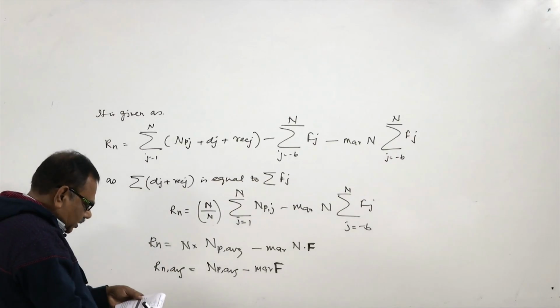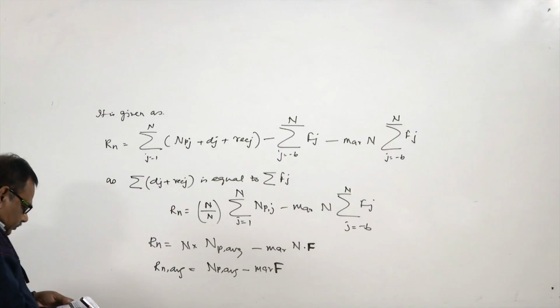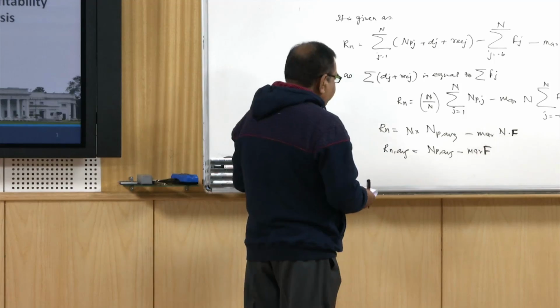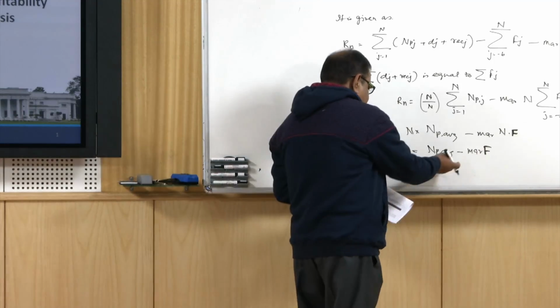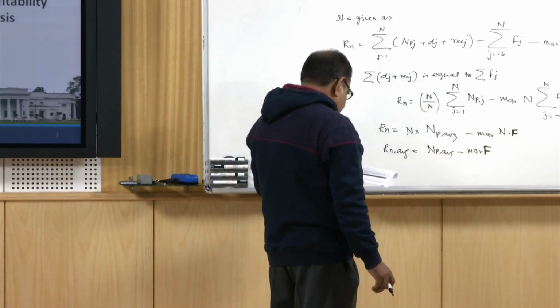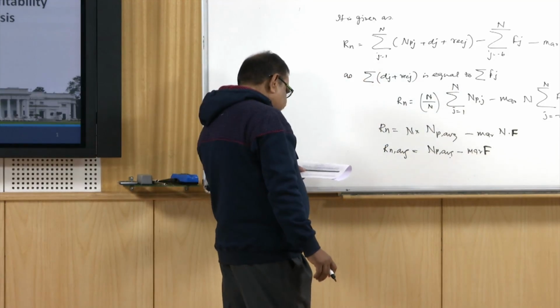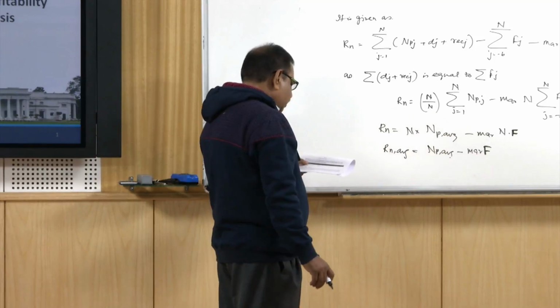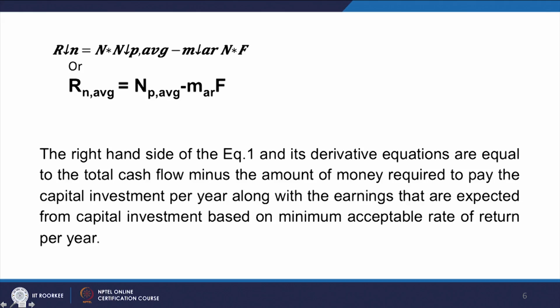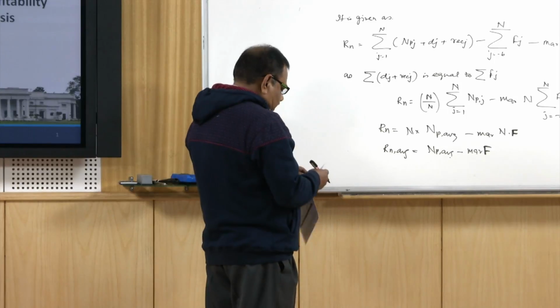So, this is my formula. Now, the right hand side of this equation is derived, and it is equal to the total cash flow minus the amount of money required to pay capital investment per year along with the earnings that are expected from capital investment based on minimum acceptable rate of return.